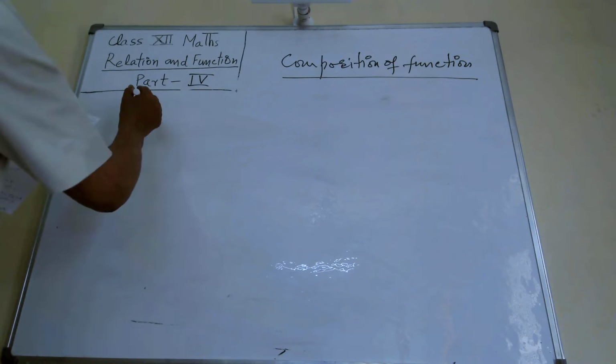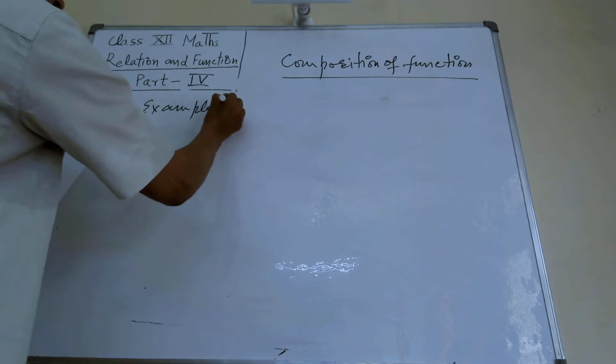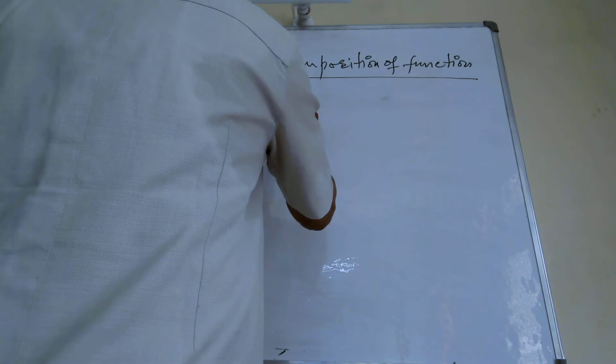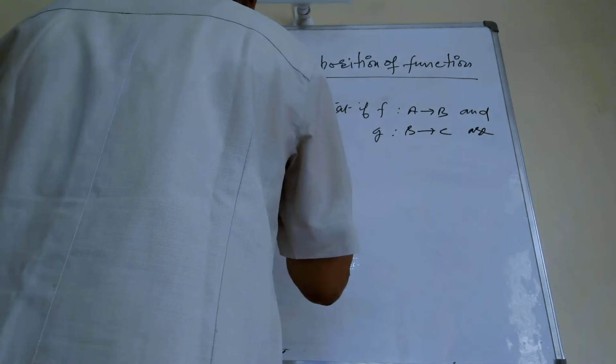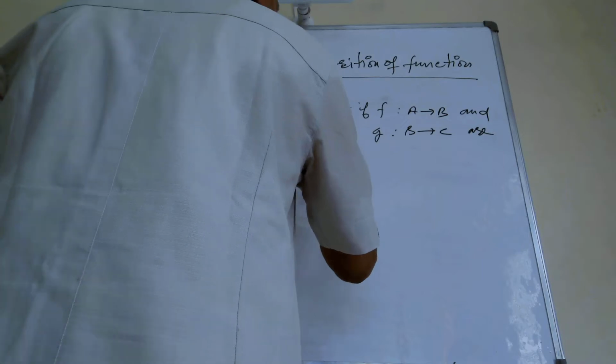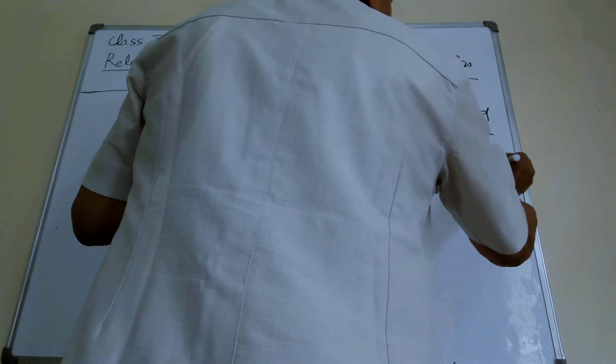Second example: if f such that A to B and g such that B to C are onto, then prove that gof is also onto. This is the question. This is the second question.